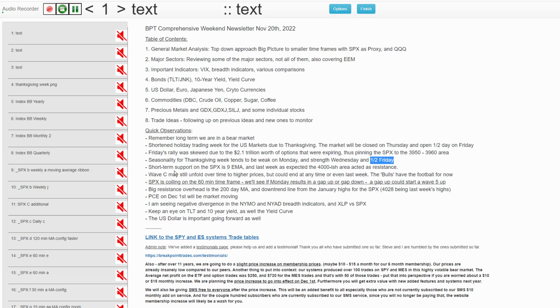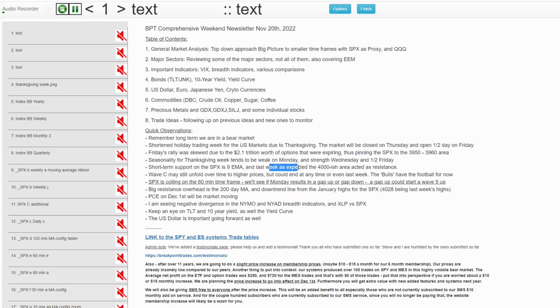Last week we had OPEX, with $2.1 trillion worth of market options, so that helped to pin the S&P to that area. By the way, the previous week had the largest inflow from the public into the market. Pretty interesting. Short-term support is the 9 EMA on the S&P.